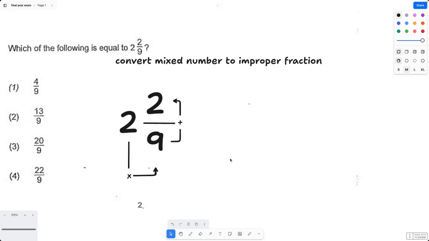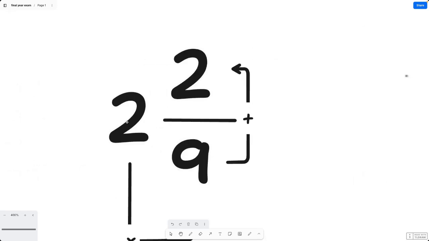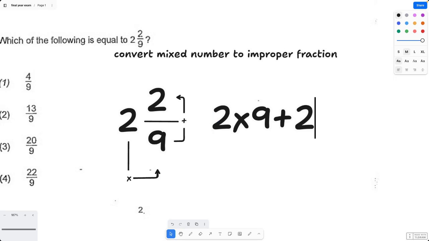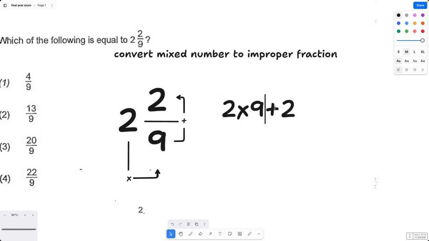Okay, so what this will look like, let me just copy this. How will this look like is basically 2 times 9 plus 2 for the numerator. Okay, and then after that, the denominator is 9 over here.